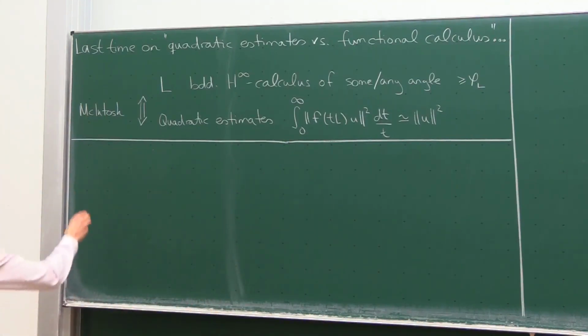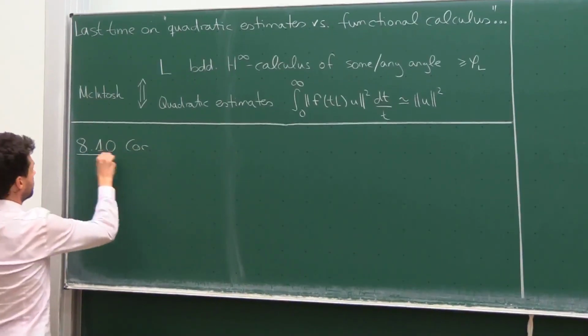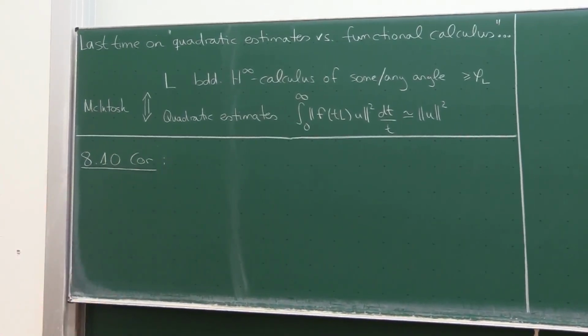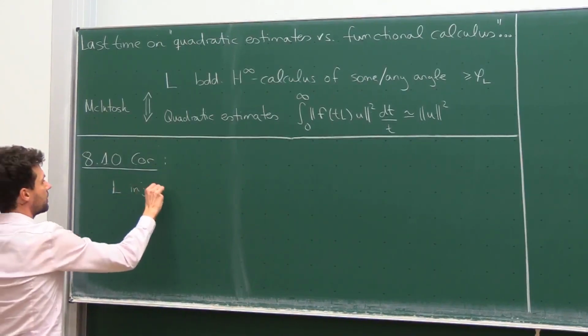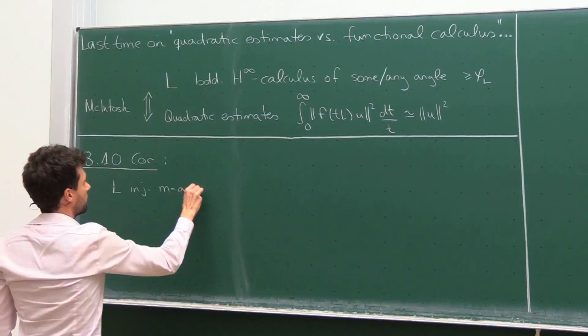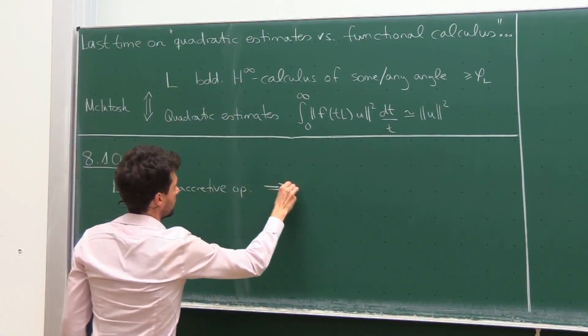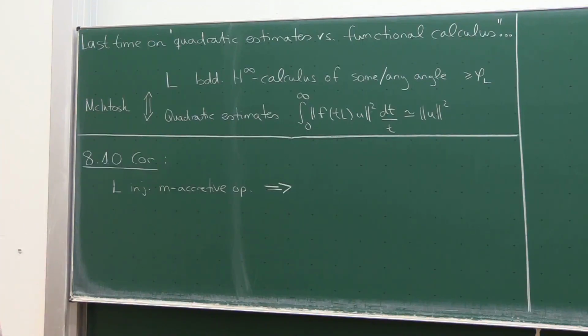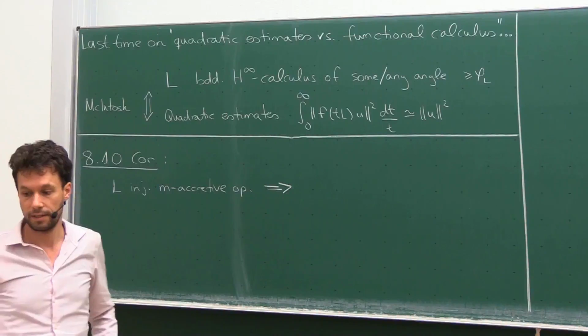Okay, and so one important corollary that we should write down is the following. Imagine that L is an injective m-accretive operator. Then you know from lecture 7, from von Neumann's inequality, that this operator has a bounded H-infinity calculus of angle larger than pi over 2.